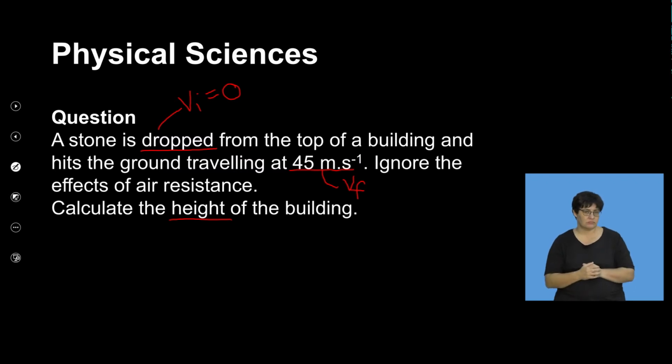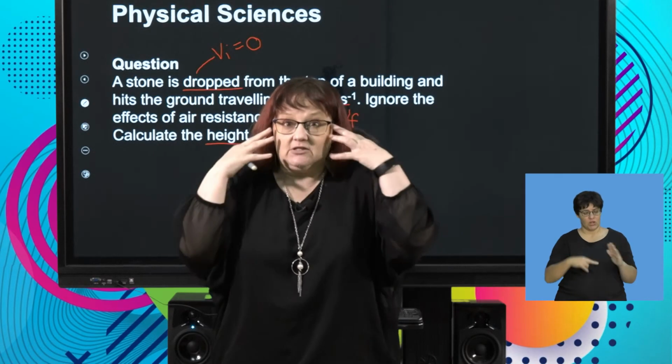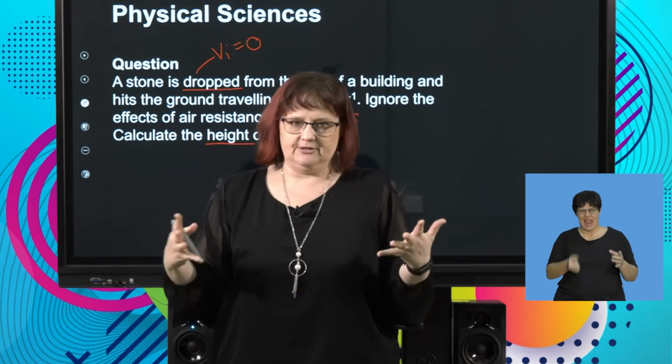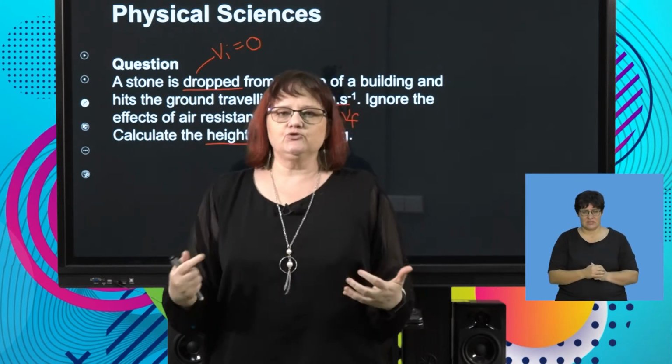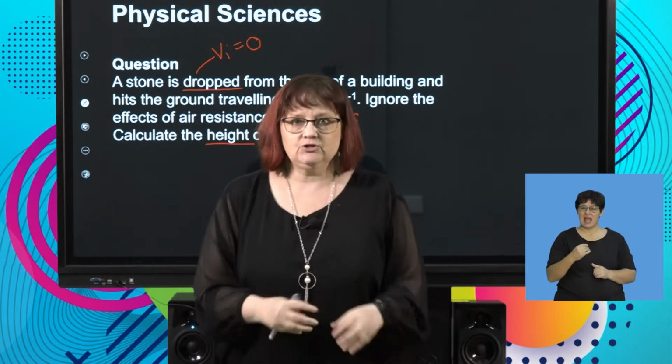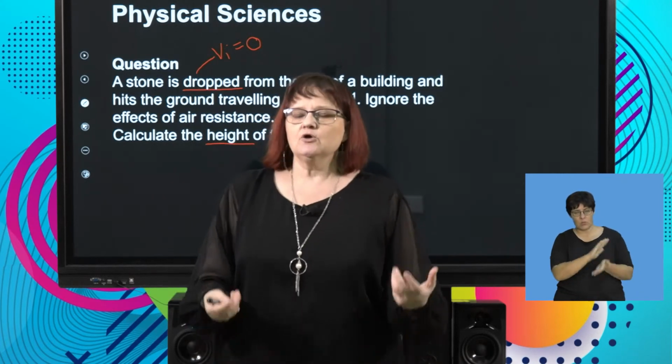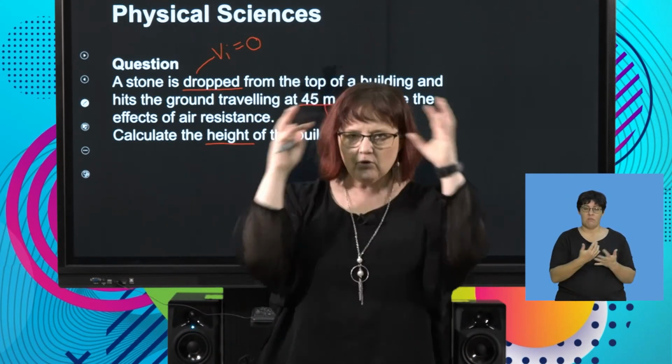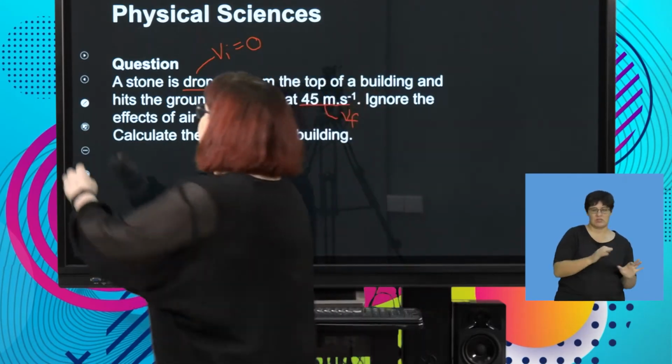For a lot of us, just reading this just feels like so much information. I like to draw some sort of sketch telling me what's going on, because it makes it easier for me to process all the information.